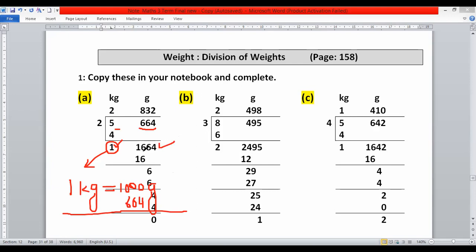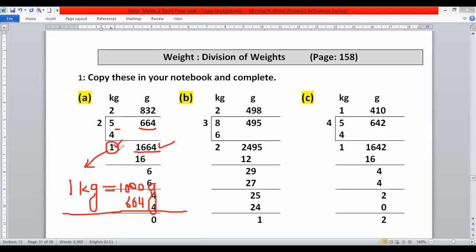Do not compare or attach this number with the earlier one. First you convert this and add, and after that consider it a new number. So you have to divide this number by 2.